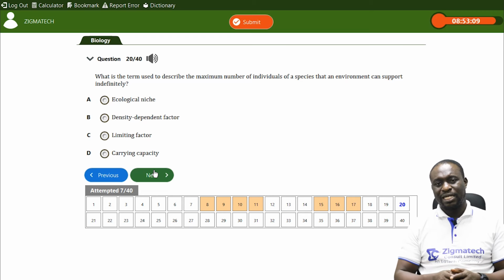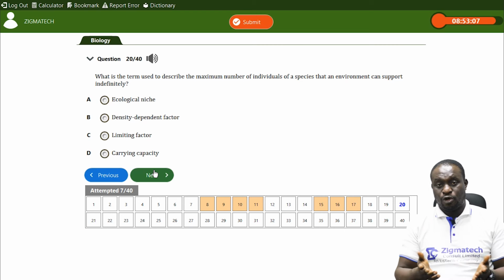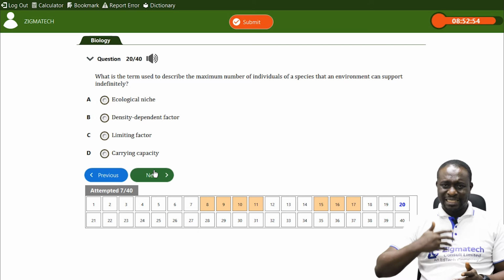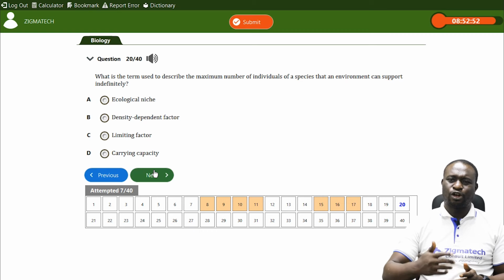One, it can serve as food for living organisms. It can also serve as a windbreaker. It can also help in purifying the atmosphere by adding oxygen to it. These are the roles it plays, and that's what we call ecological niche.